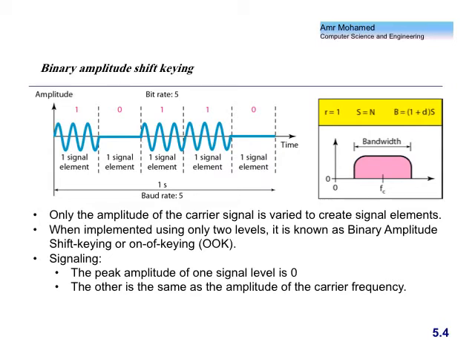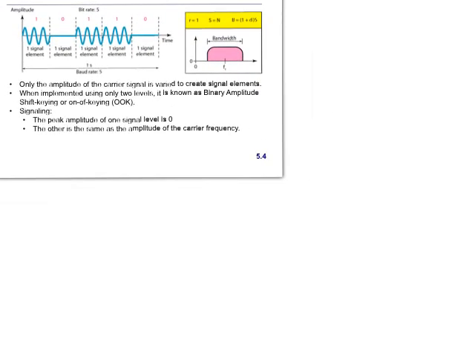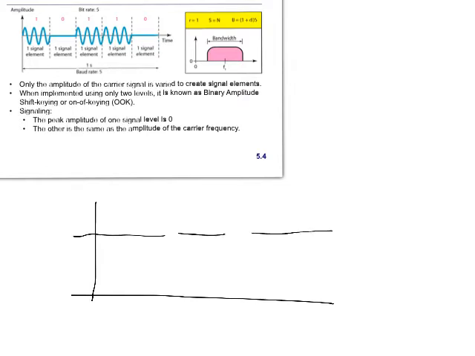So this signal, again, when it gets transmitted over any type of medium, the amplitude will change. The sine wave will change in terms of amplitude.